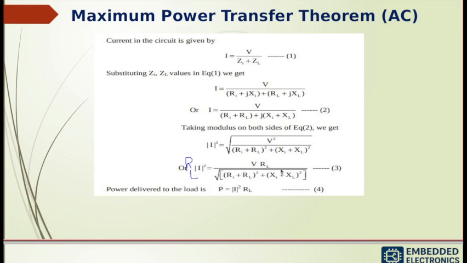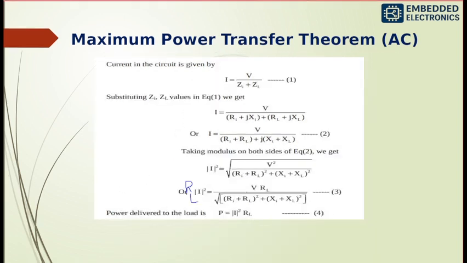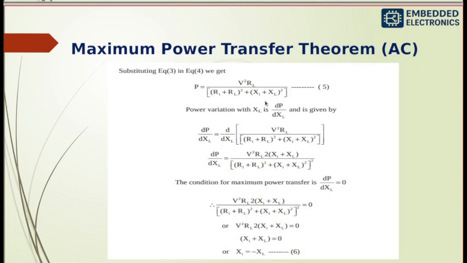Multiply by RL on both sides, then it will become I square into RL. We already know P equals I square into R, right? So you can write it as P. Then the right side is the same as it is.